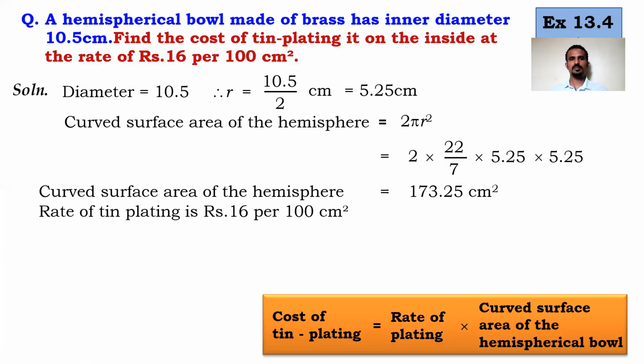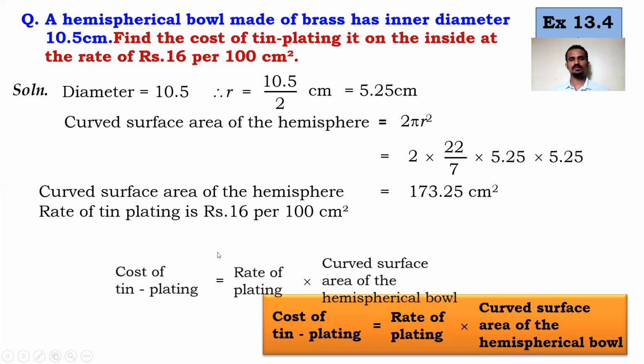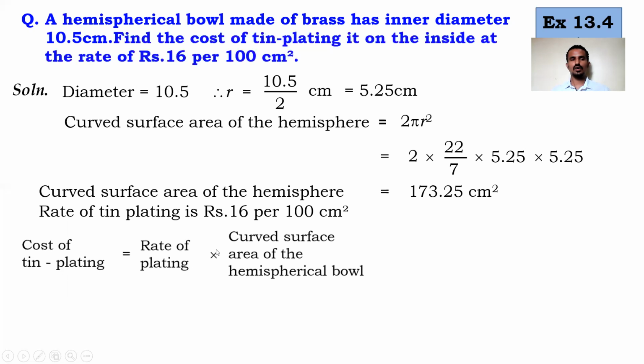Rate of tin plating is rupees 16 per 100 centimeter square. It is for 100 centimeter square. So cost of tin plating is rate of tin plating multiplied by the curved surface area. The rate needs some care. The rate we are going to take is 16 per 100 centimeter square, so you should write it as 16 upon 100 because it is for every 100 centimeter square.